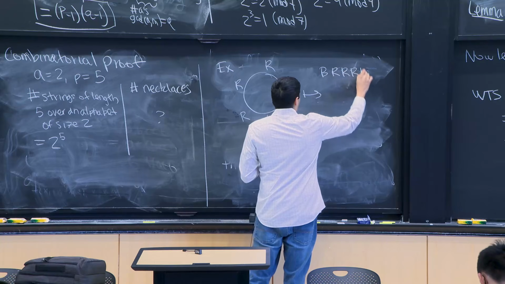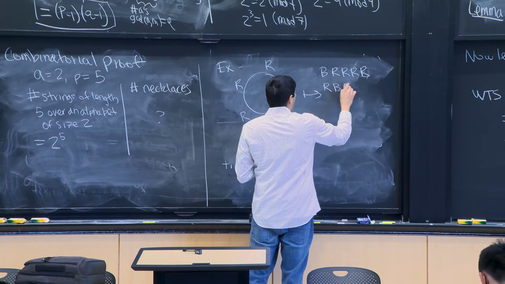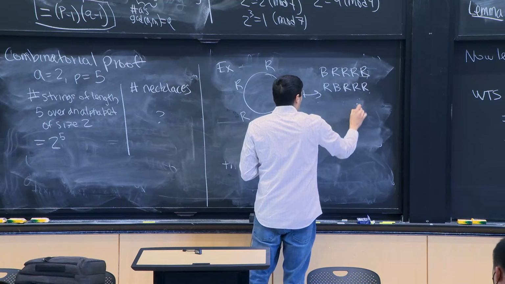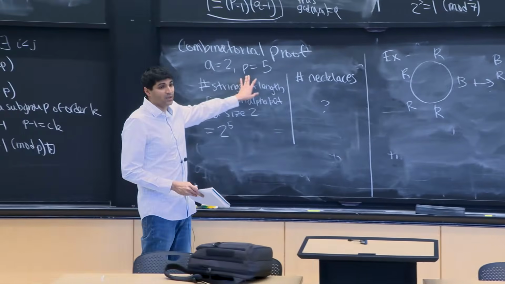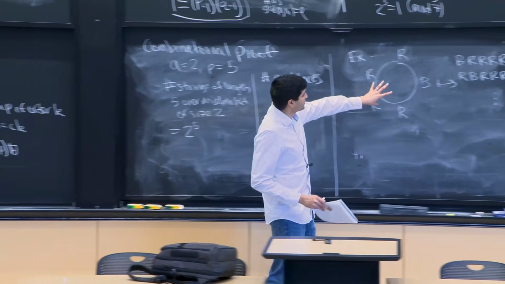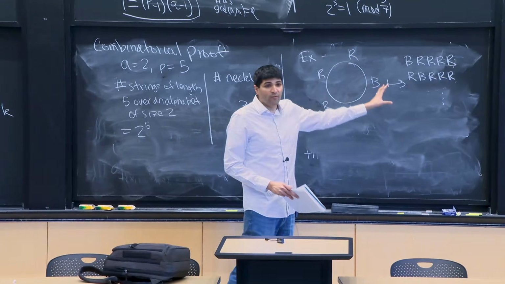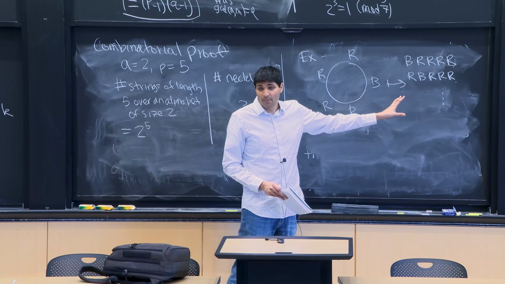Maybe the B was the starting point of the necklace. Maybe it was the second, and so on. And there are 5 possibilities. And 5 is my P, right? So in fact, some of these necklaces really come from equivalence classes of strings that could have generated them.